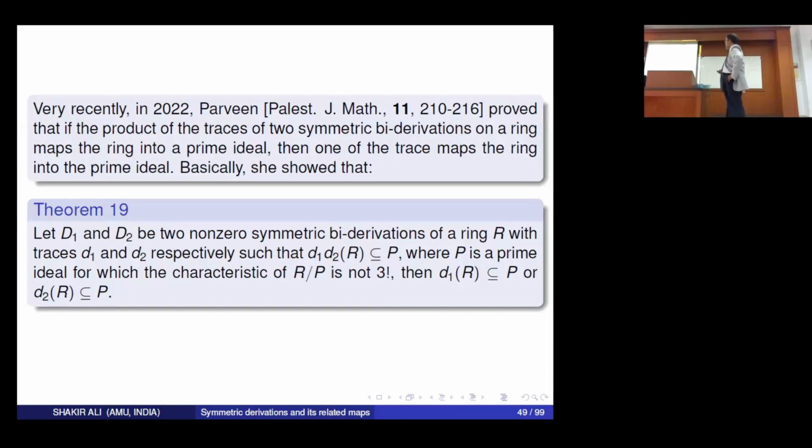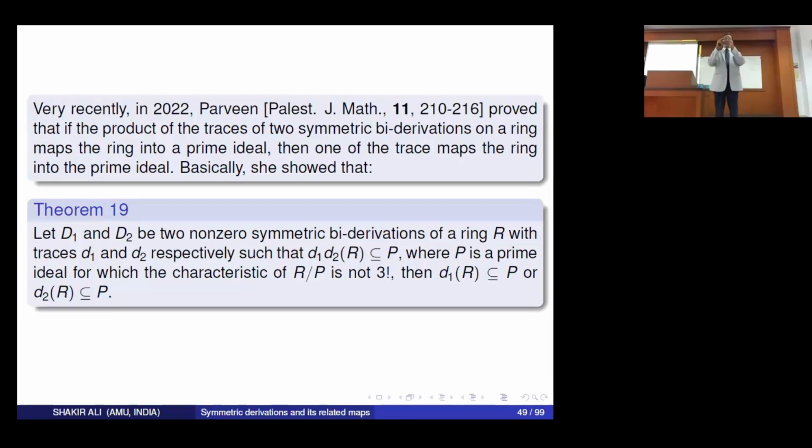Basically, this result is related to this series of two symmetric derivations. The result looks like this. Let D1 and D2 be two derivations of a ring R with trace D1 and D2 with this condition. Think about the multiplication of two derivations, which need not be a derivation.